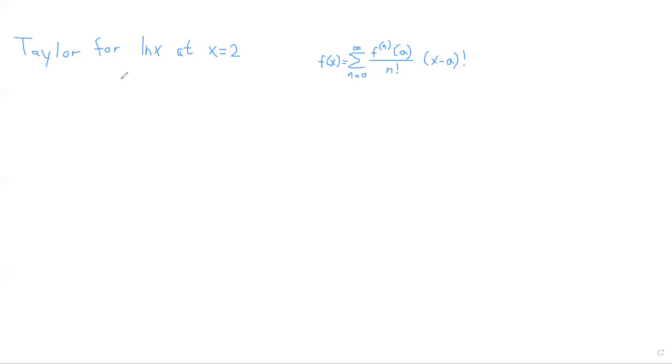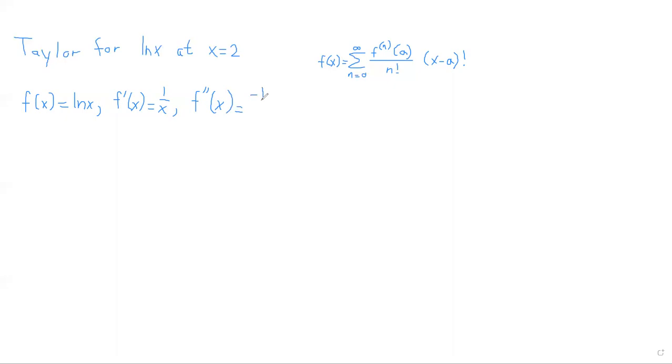Now, let's just find a few of the derivatives. So f of x is ln x. f prime of x is 1 over x. f double prime is negative 1 over x squared.